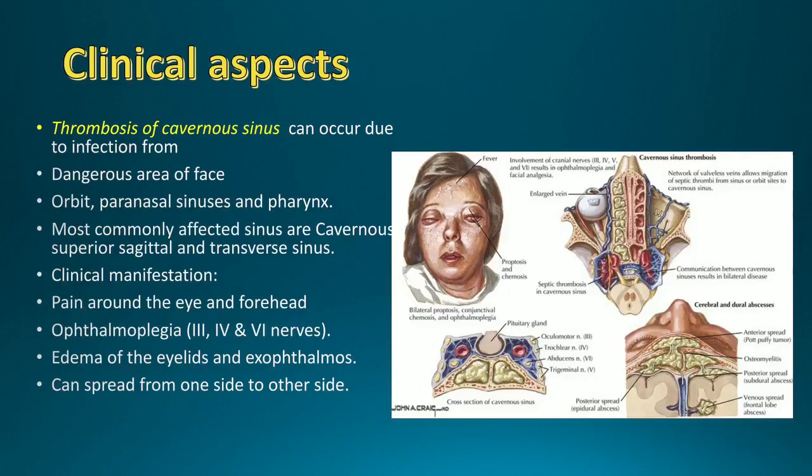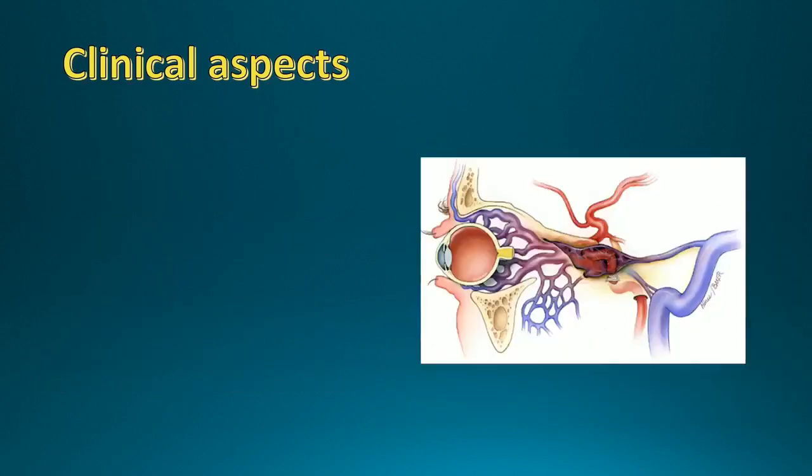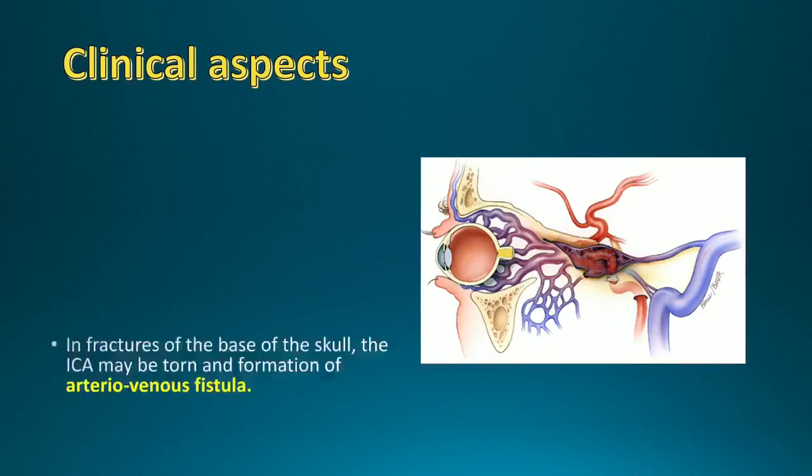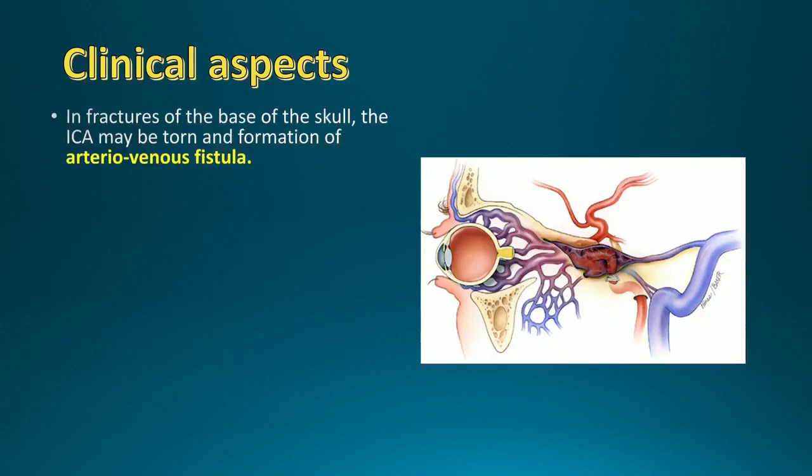Now, the next serious condition is in fractures of the skull, if the dura is torn and inside the cavernous sinus the internal carotid artery ruptures, then the arterial blood and the venous blood will mix, forming a connection called an arteriovenous fistula.